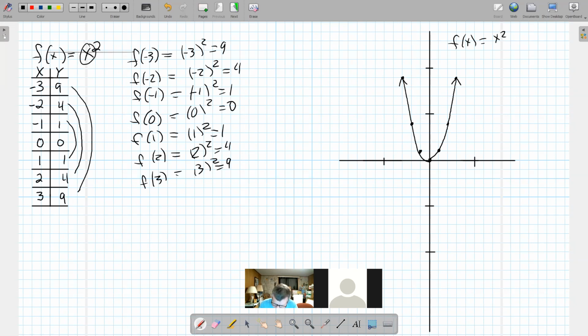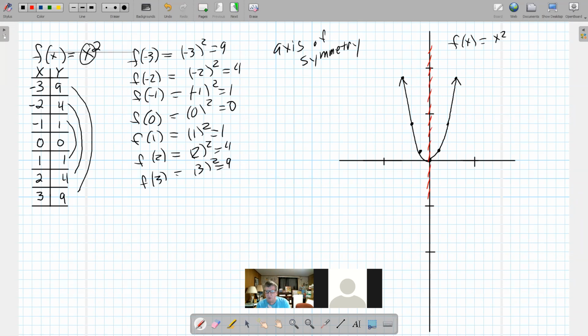I want to point out some important things on the graph, okay? Notice there's symmetry. There's symmetry about what is called the axis of symmetry. In this case, the axis of symmetry is right here. It's the y-axis.